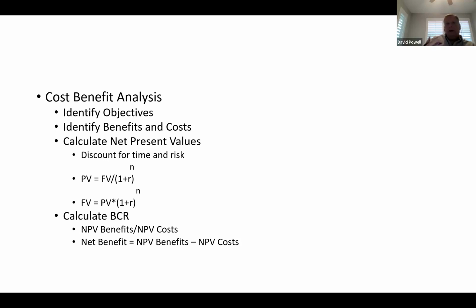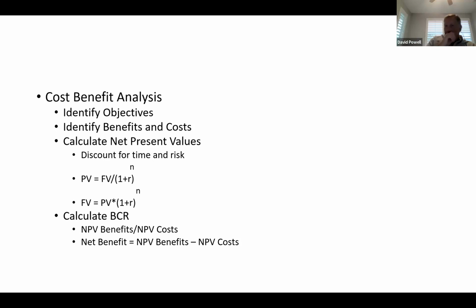The ultimate goal of a cost-benefit or a benefit-cost analysis is to come up with an empirical indicator of just how economically feasible a course of action may be. So, how economically feasible that recreation center is compared to how economically feasible that senior center may be. One of the primary statistics that we use in a benefit cost analysis is a benefit cost ratio.